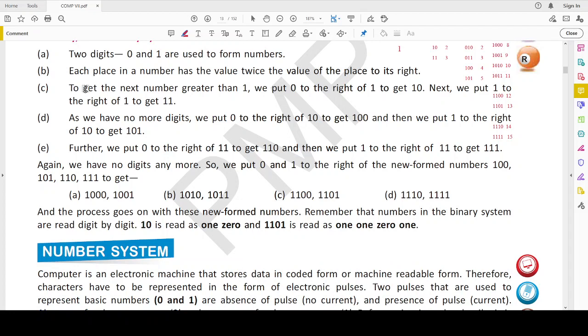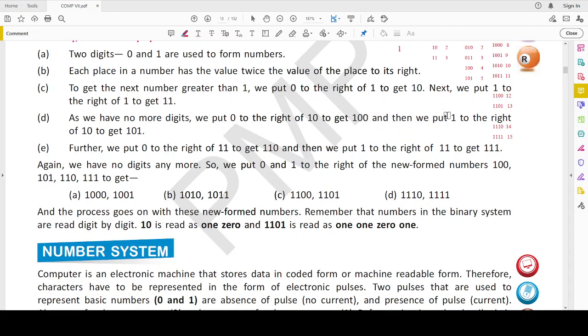To get to the next number greater than 1, we put a 0 to the right of 1 to get 1 0. Next, we put 1 to the right of 1 to get 1 1. As we have no more digits, we put a 0 to the right of 1 0 to get 1 0 0.